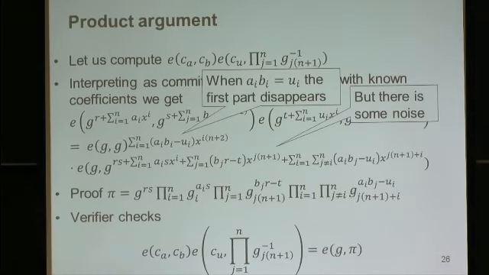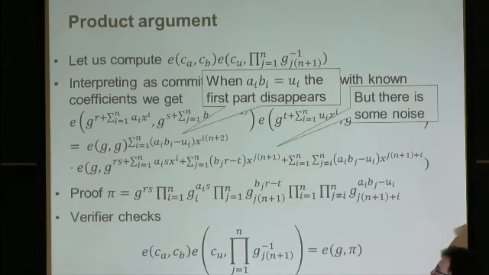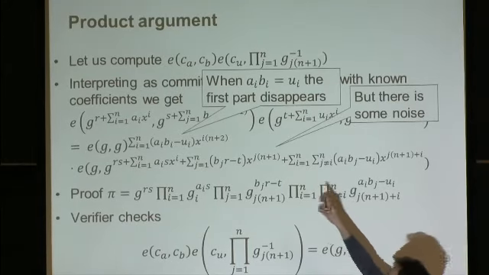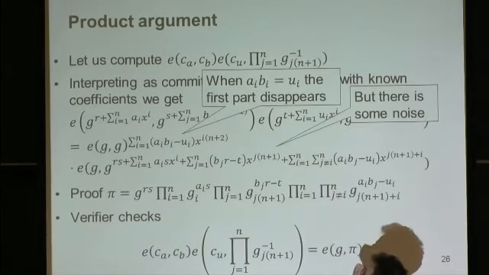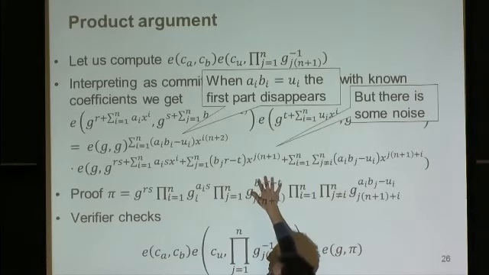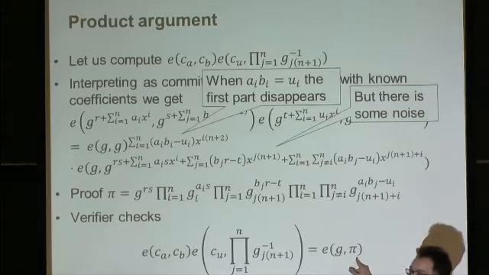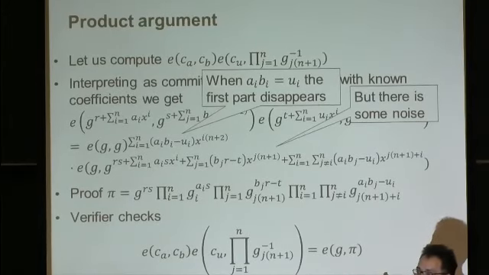Now the verifier will simply check that what we had up there before is the same as the pairing of G with the proof. And if indeed the a_i times the b_i are equal to the u_i, then this first term is 0, and we just have the second term, G paired with some noise, and this is exactly the proof. So it works out. That gives us completeness.